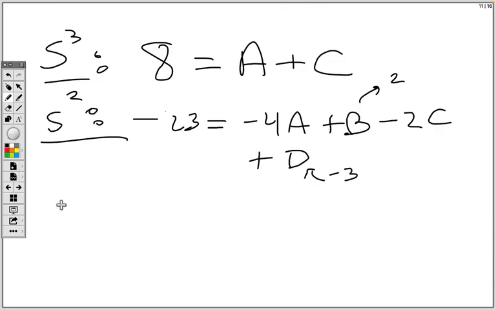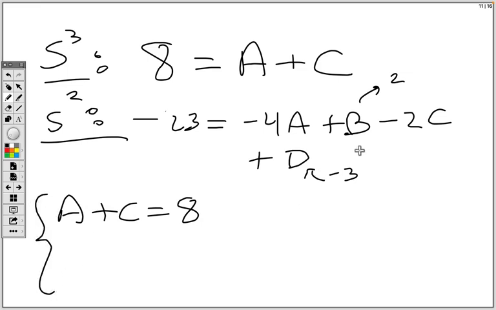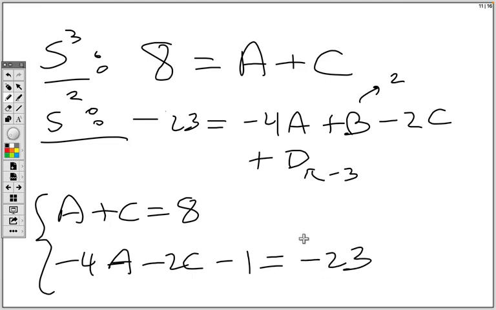So we put all this together, I get a plus c is 8, and minus 4a minus 2c, plus 2 minus 3, which is minus 1, equals minus 23. So minus 4a minus 2c is minus 22.